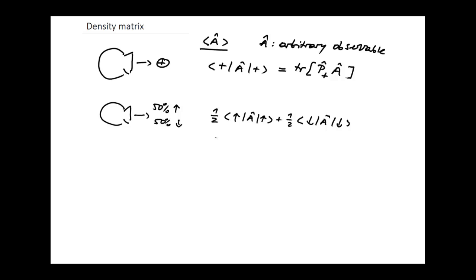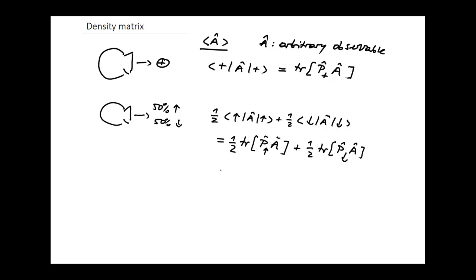The first expectation value in the spin-up state, again using our general result from before, can be written with the help of a projection operator. I can write this as 1/2 the trace of the projector onto the spin-up state times A. And the second term I can write as 1/2 the trace of the projector onto the spin-down state times A.